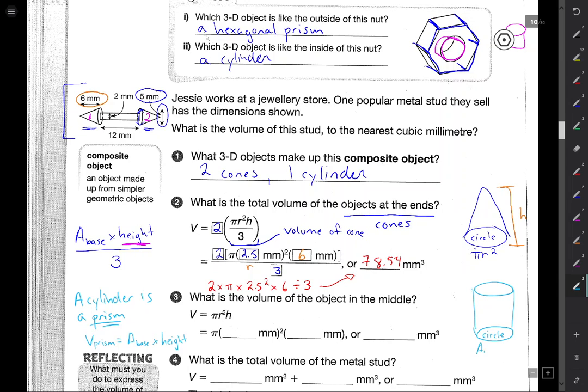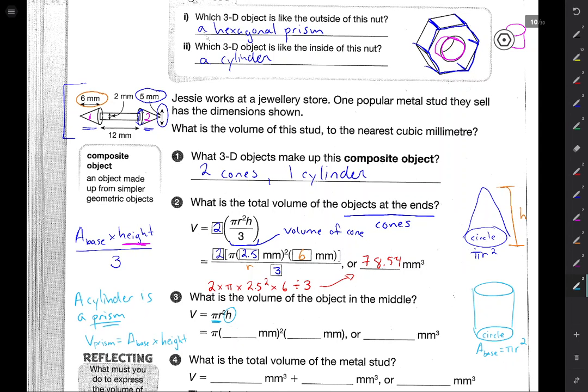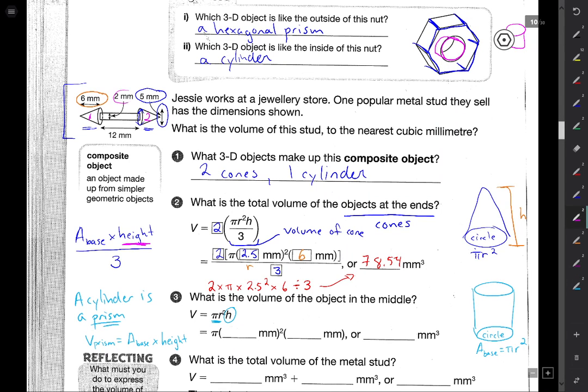So the area of the base will be pi r squared, because that's the area of a circle. That's what they have here, pi r squared, and then we're going to times that by the height. So again, the radius, let's look. This time they gave us the diameter is 2. We can see right here it points to the diameter, which is 2. So we know the radius is half of that, which is 1.